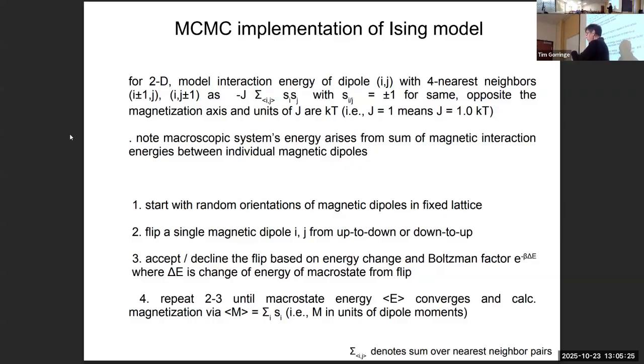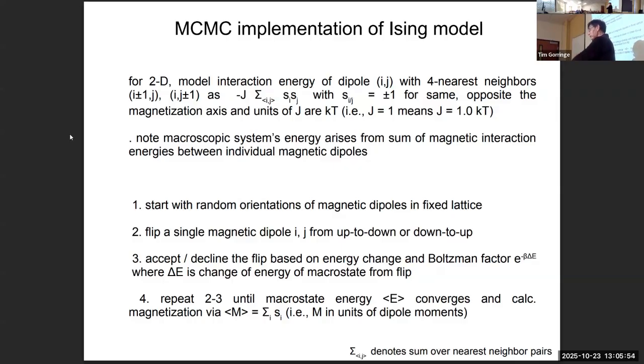Now, if I make J bigger, making a larger interaction energy between the dipoles, then they're more likely to overcome the thermal random process and line up with one another. If I make J smaller, then they're less likely to overcome this thermal tendency to randomize, and they won't line up with one another.